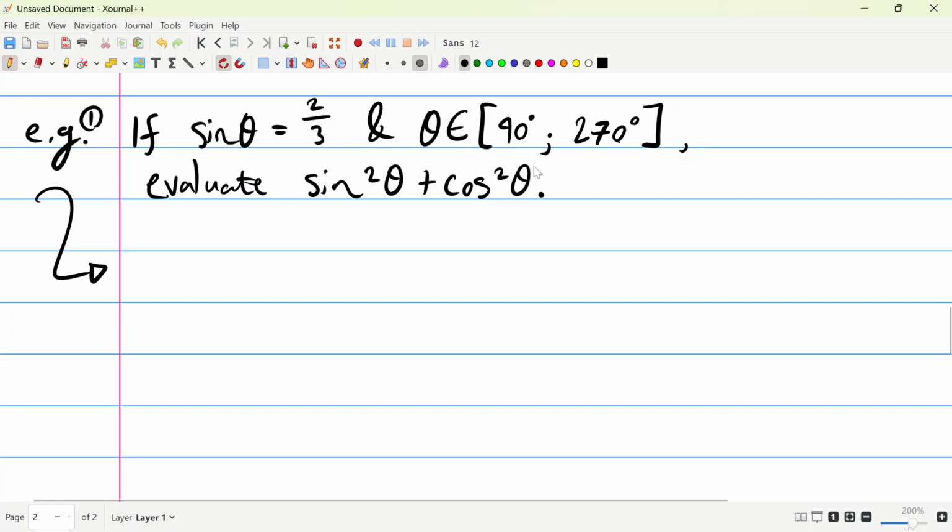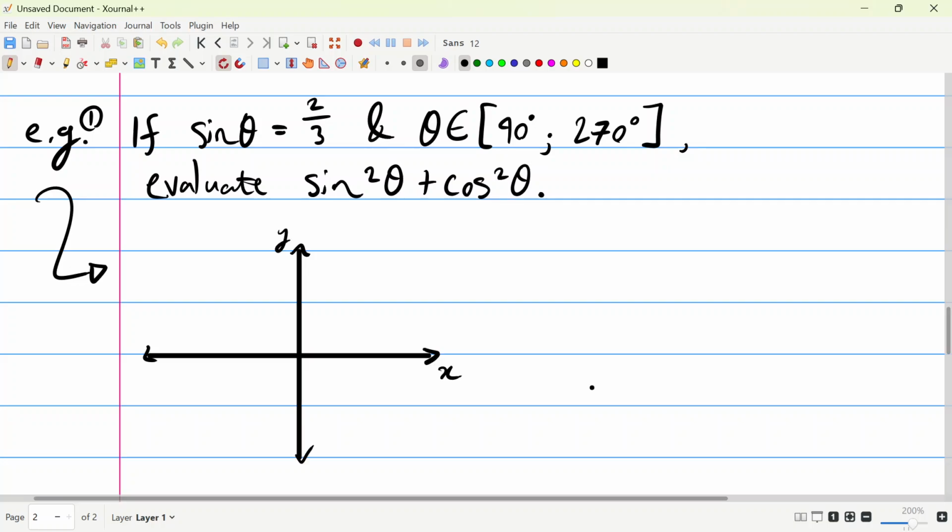So when we look at this, actually the Cartesian plane, but if we think about the CAST diagram, we know that positive 90 degrees is here, and 270 degrees is at the bottom here.